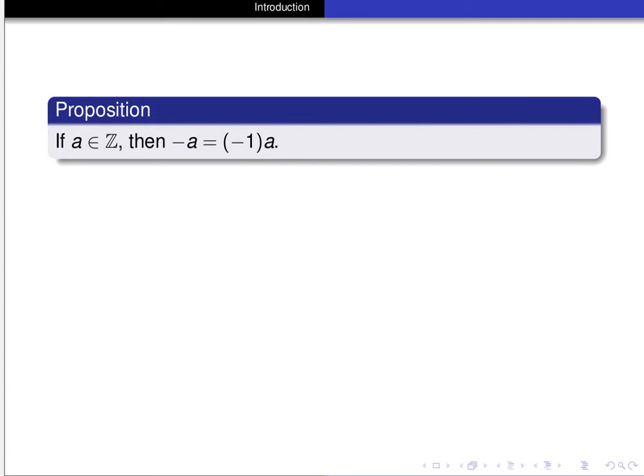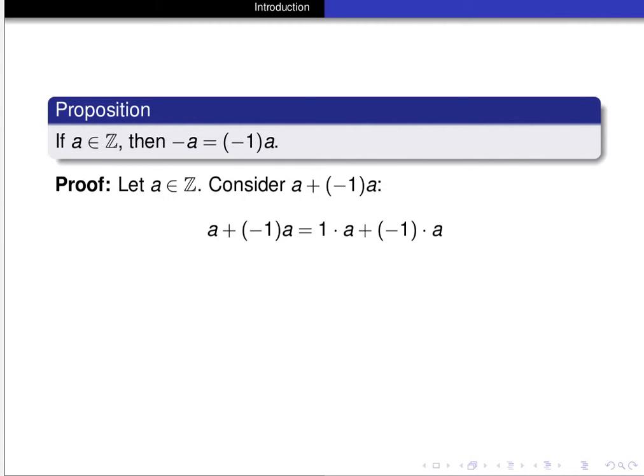So now let's prove our second proposition. If a is an integer, then the additive inverse of a is negative 1 times a. So let a be an integer, and let's consider a plus negative 1 times a. If negative 1 times a really is the additive inverse of a, that should equal 0.